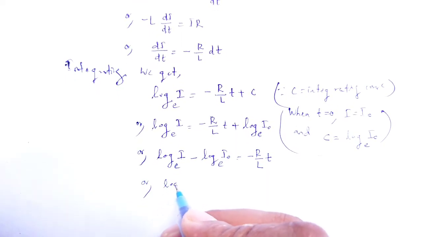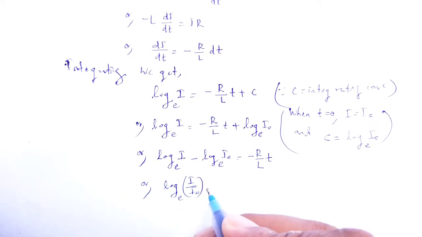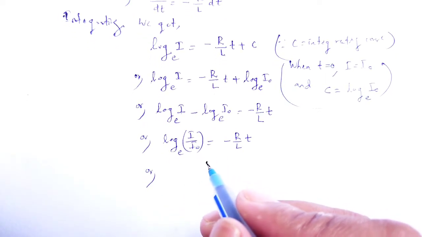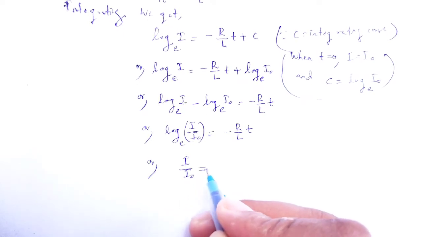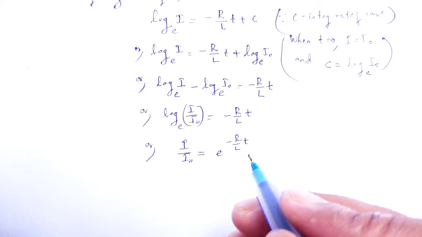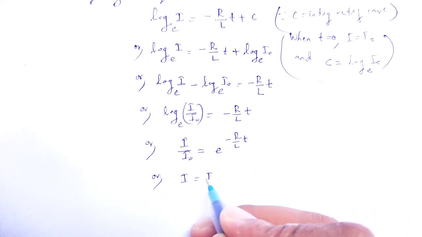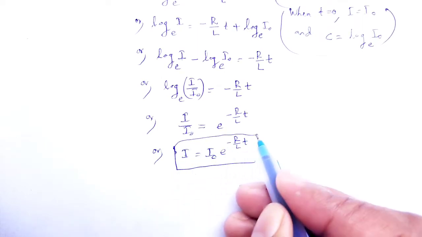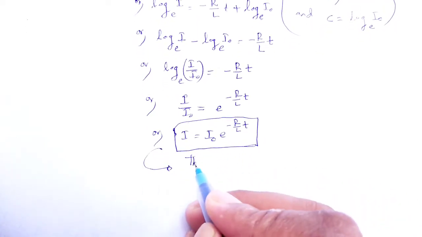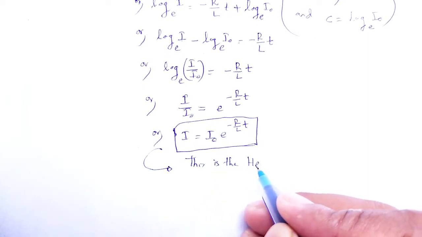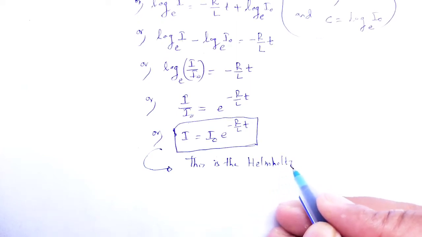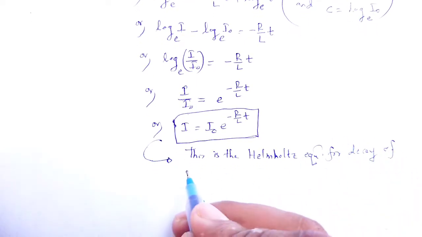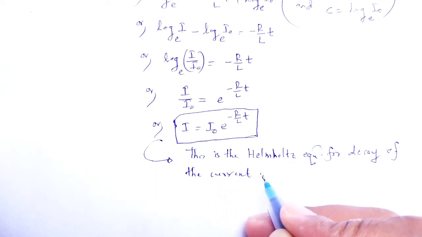Log A minus log B, that is log A by B, so log I by I naught base e is equal to minus R by L into t, or taking the antilog, that is I by I naught is equal to e to the power minus R by L into t, or I is equal to I naught times e to the power minus R by L into t, which is the Helmholtz equation for decay of the current in LR circuit.